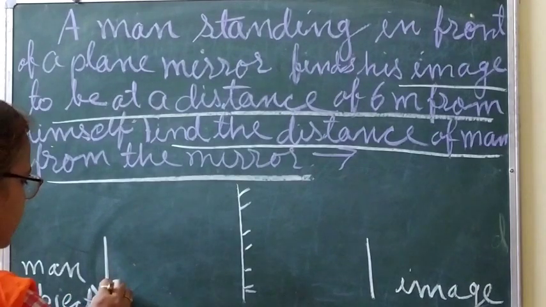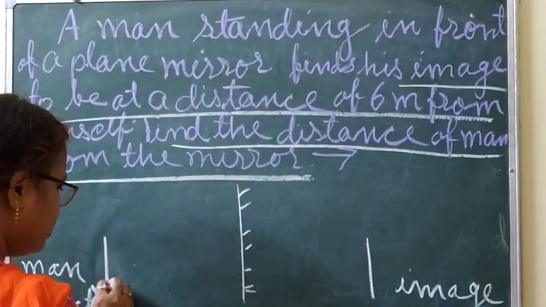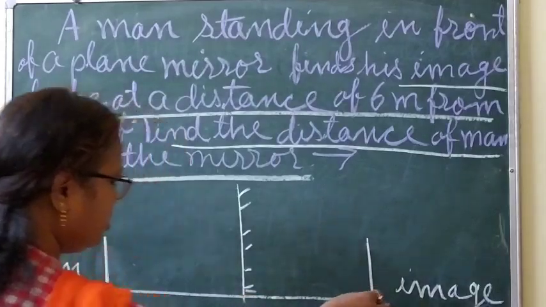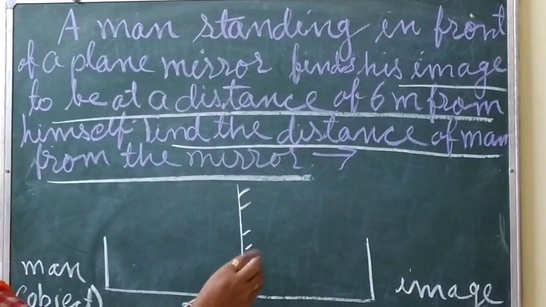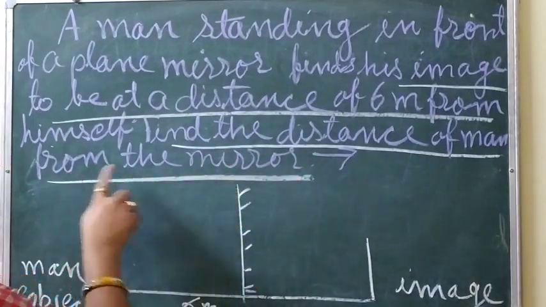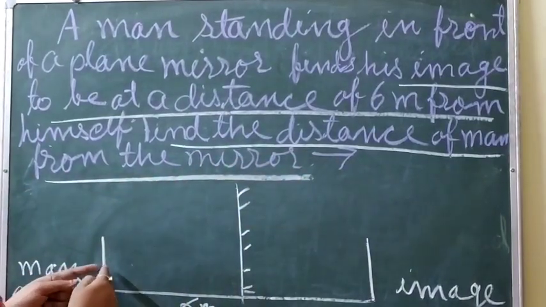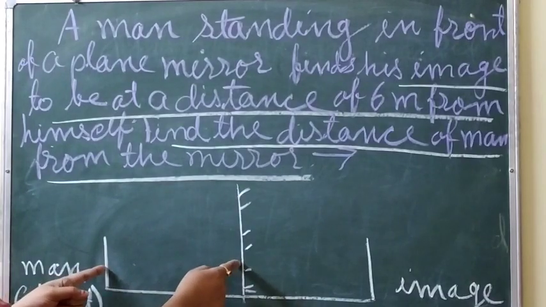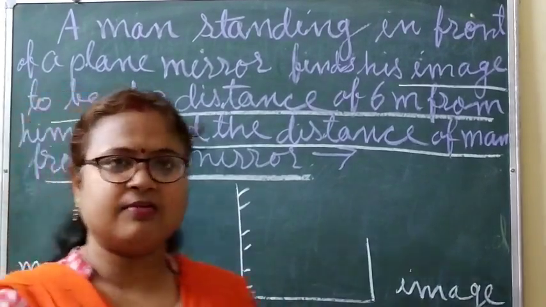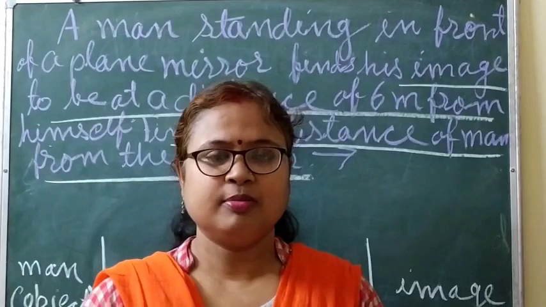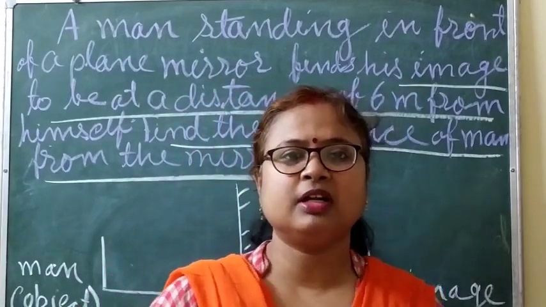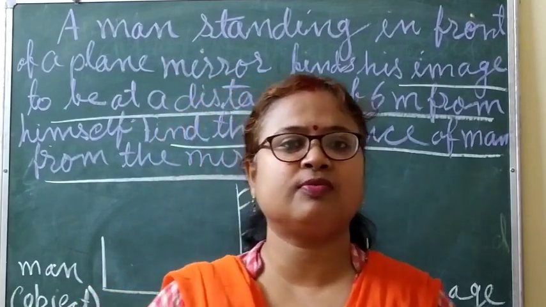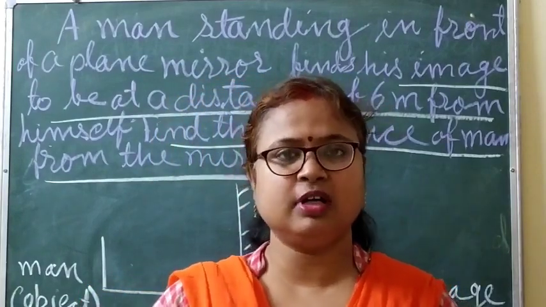So the man finds that the distance between the image and the man is 6 meters. What is asked? Find the distance of the man from the mirror. You know, I have discussed in the previous video, that the distance of the object from the mirror is the same as the distance of the image from the mirror.